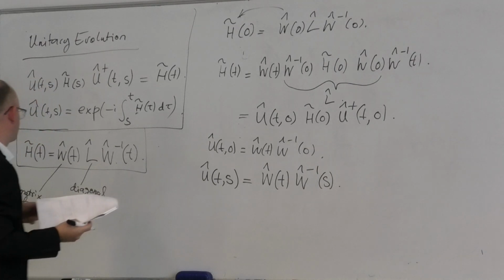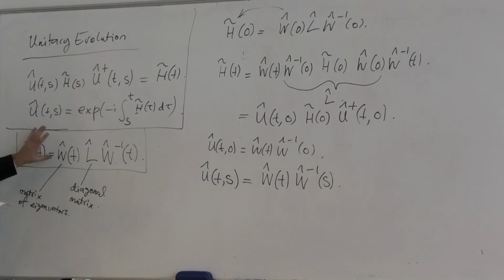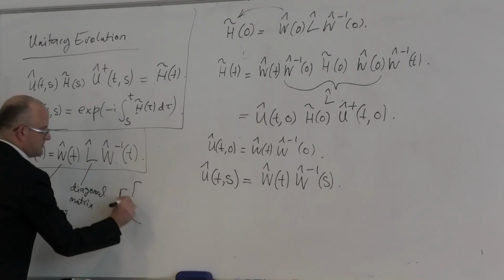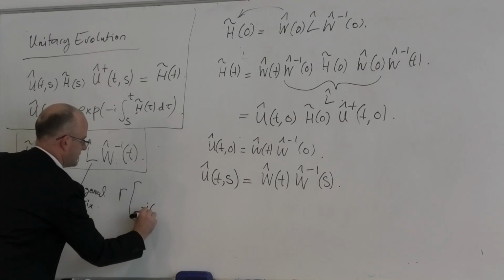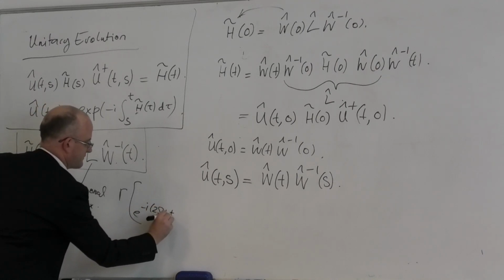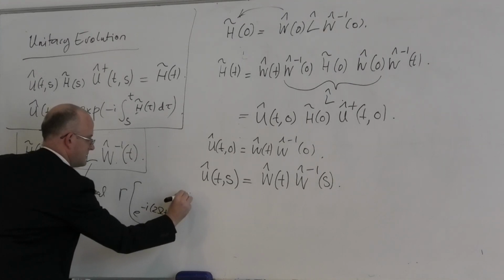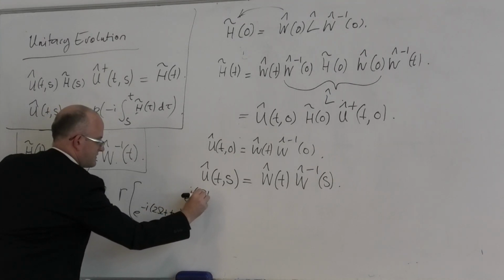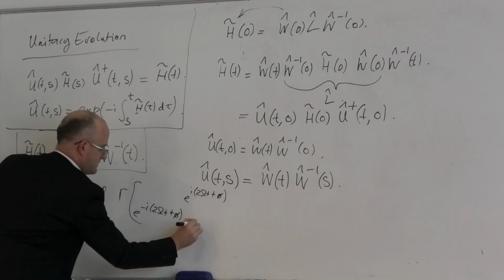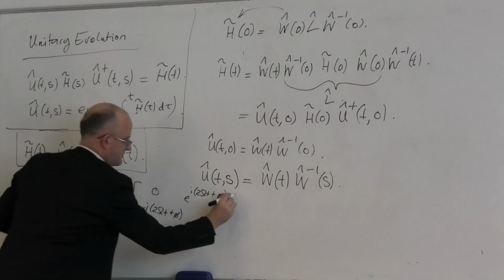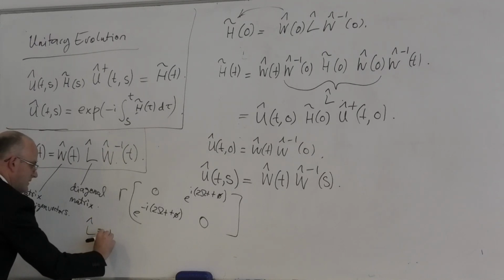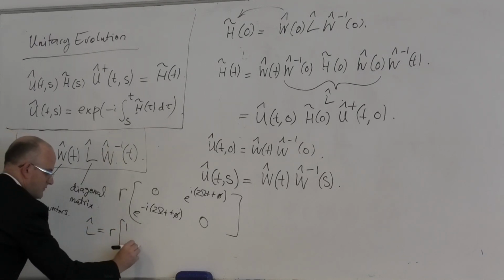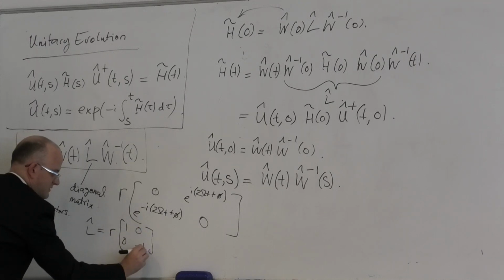Now it's pretty easy. You can figure out what the eigenvectors are of this thing: minus i 2 omega t plus 5, 2 omega t plus 5. You can do some calculations and you'll find that the L in this case is equal to 1 minus 1 like this.